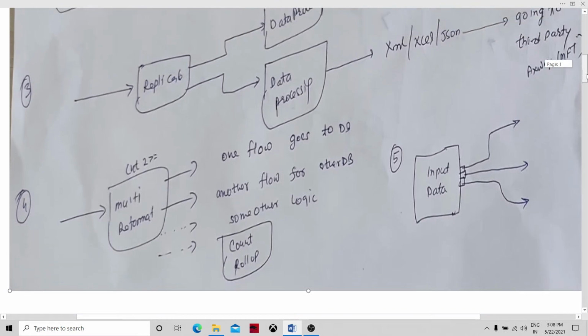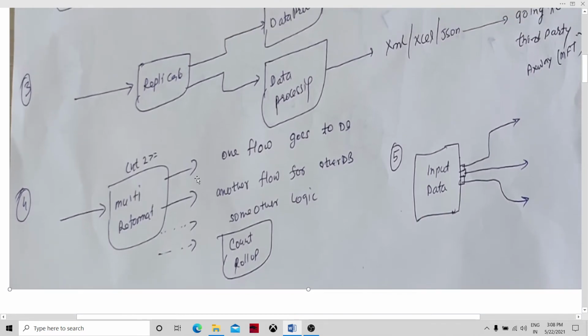So this is another example, and there are various ways, I mean, reformat with multiple output ports. In reformat we could supply various ports, maybe two or more than two. By default it comes with one, and it's not a multi-reformat. It is a reformat with multiple output ports. That is possible when you supply a count of two or more than two.